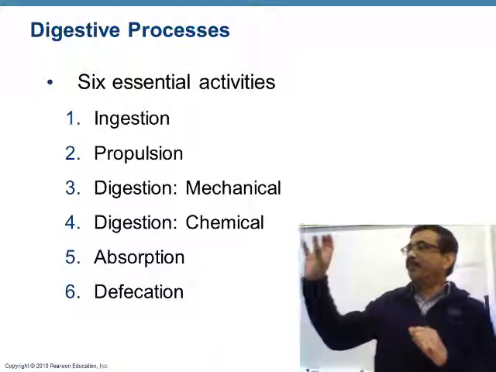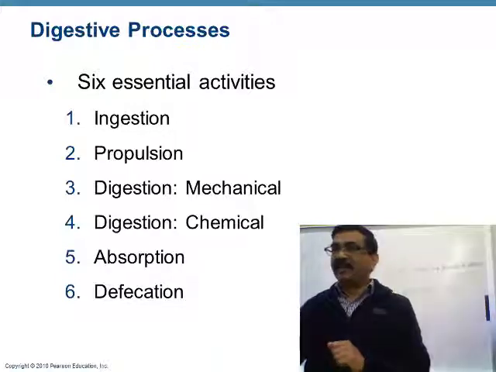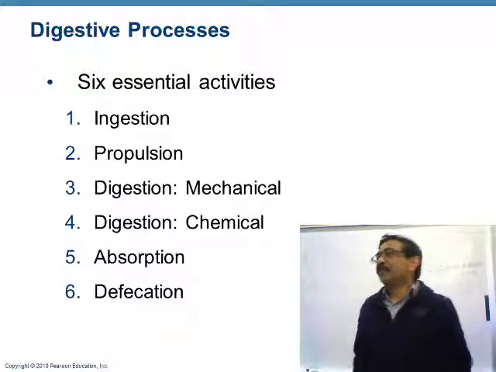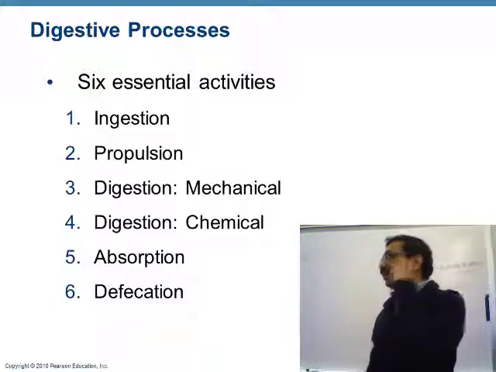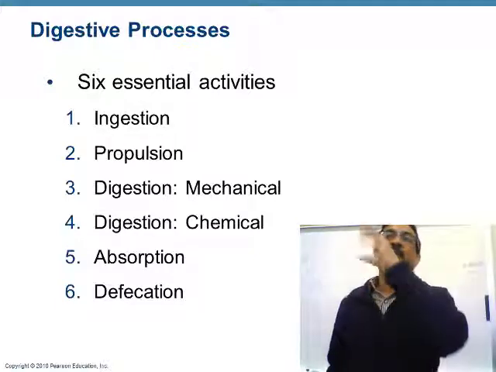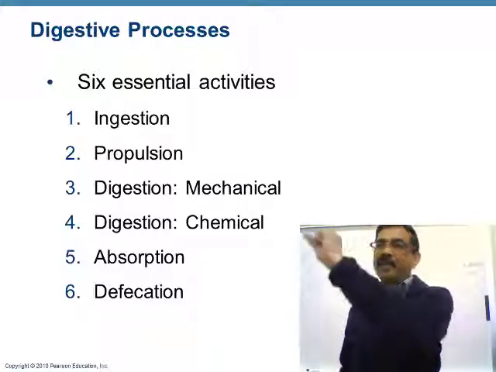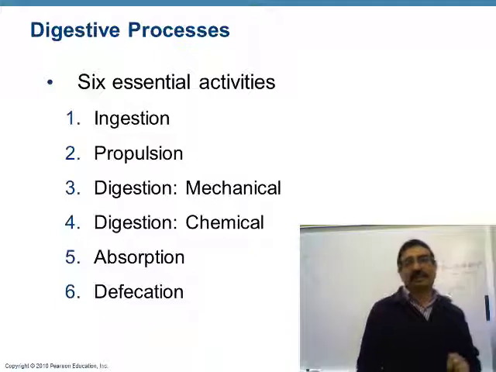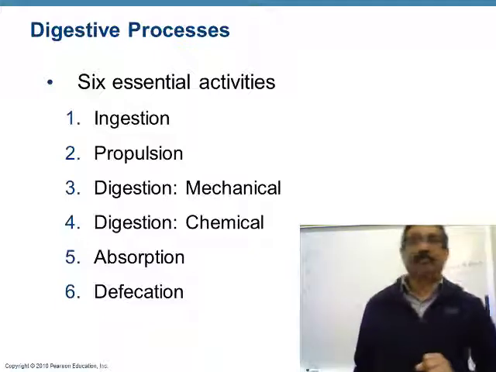So you break the food by pressure. So that is the mechanical digestion. So salivary secretion is chemical digestion, and breakdown by pressure, biting or crushing, chewing, that's the mechanical by pressure.